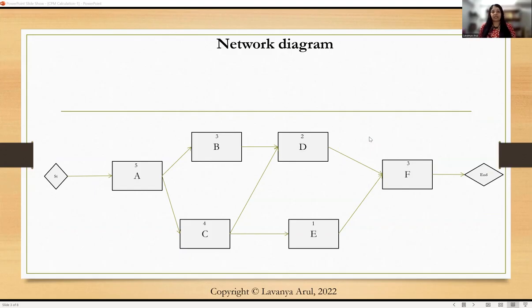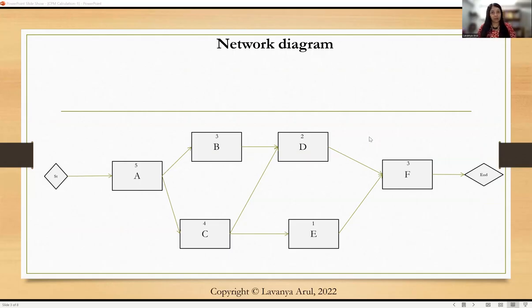Activity B and activity C can start immediately after activity A. So if you look at it, the arrow from A is diverging, and we are able to see B and C over there. B takes 3 days, C takes 4 days.